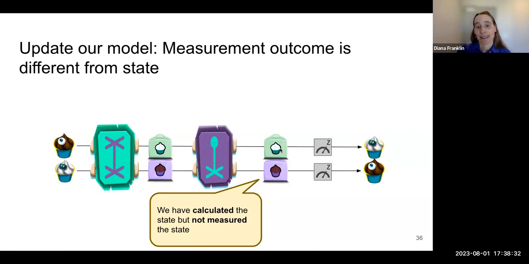I can only predict it. So in this case, we're going to put them in boxes, and we're not seeing the actual cupcake. We know that that's the state of them, but we can't see the cupcake itself. And then we have a measurement. At the time of measurement, we discover whether it's a vanilla or chocolate cupcake. Okay.